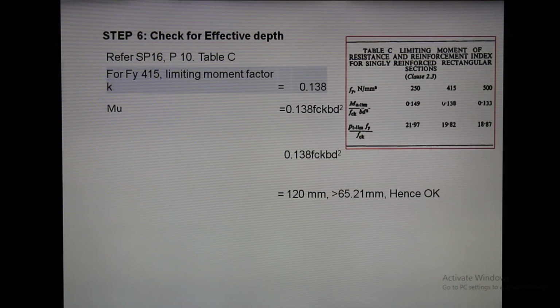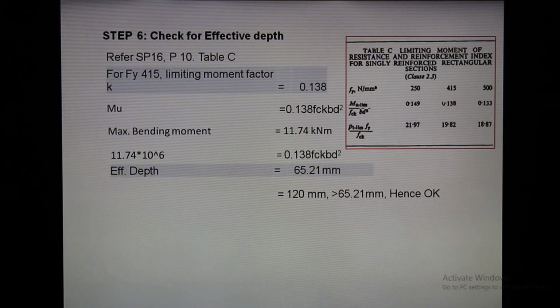So Mu is 0.138 fck bd square. What is Mu? Mu we have already found out, 11.74. So if we equate it, we will get effective depth as 65.2 mm. But what is the effective depth provided? 120 mm. So more than what is calculated. So we are adopting 120 mm as the effective depth.